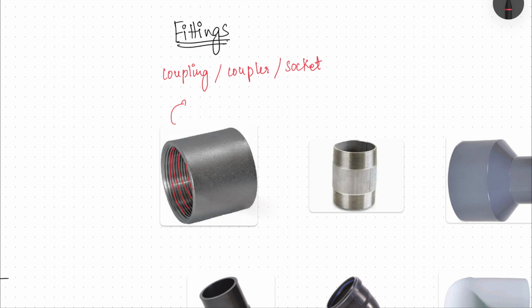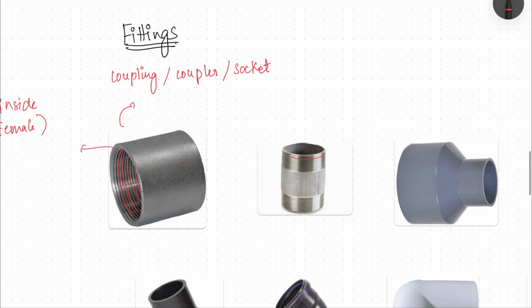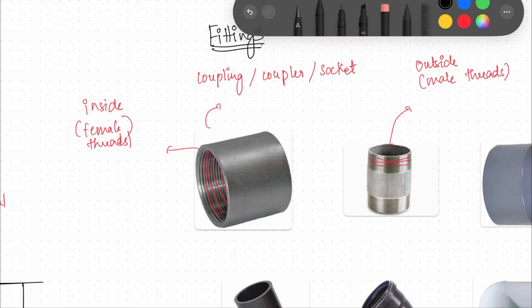If it is done inside, it's called the female part, and here you can see it's outside, so if it is outside, it's the male part or male thread. So a coupling, coupler or socket is a female part which connects two pipes.